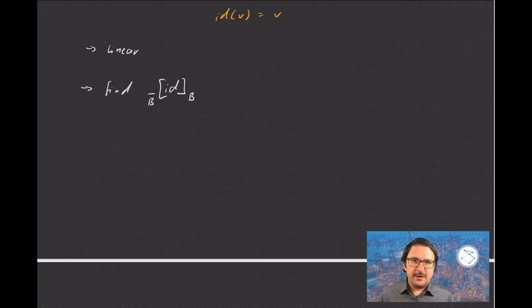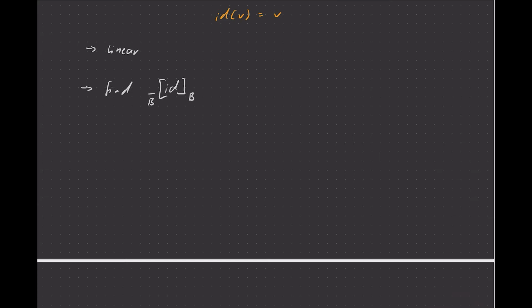That means if we have this vector given in B coordinates, and we multiply the matrix representation of id times that vector, then we'll get back the same vector, but in B bar coordinates. So that's exactly the change of coordinates that we want here. And this matrix is what we call a transformation matrix, or a basis transformation matrix. So that's going to be a definition, that name.